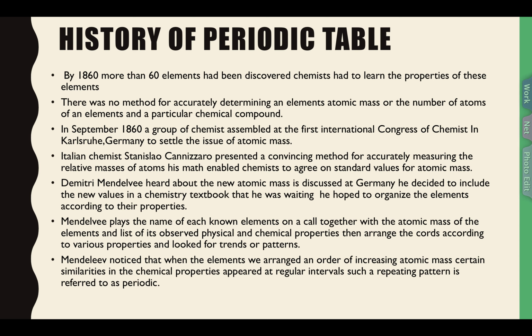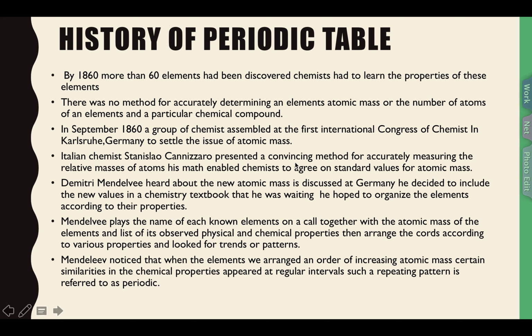Another chemist appeared, Mendeleev, who was called the father of the periodic table, because he invented the periodic table after this congress. He heard about this congress in Germany, so he decided to organize the elements according to their properties, which is the atomic mass.